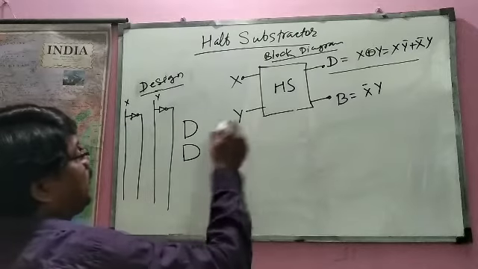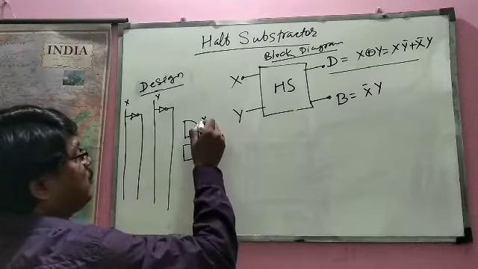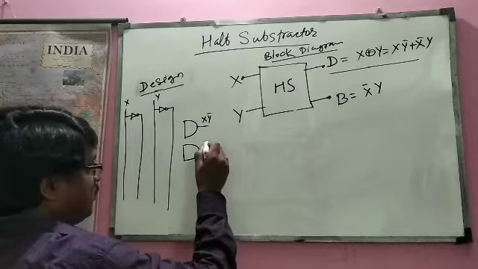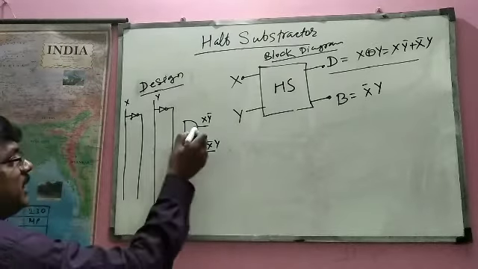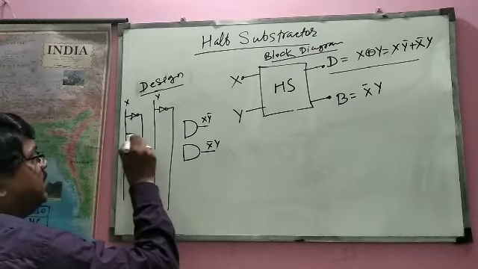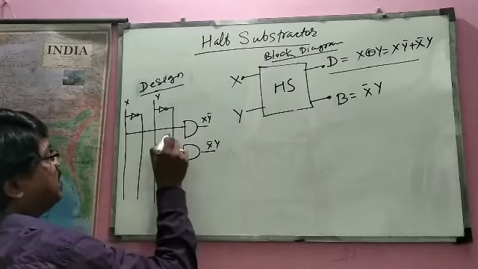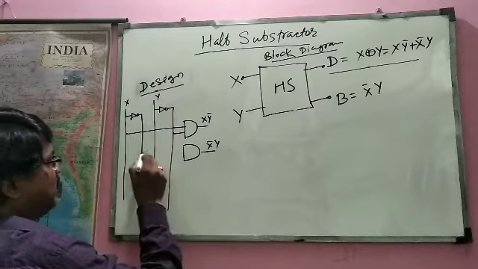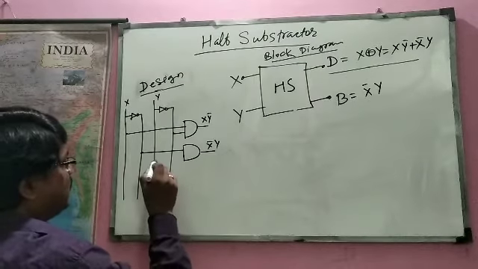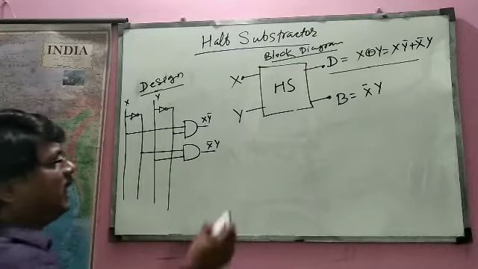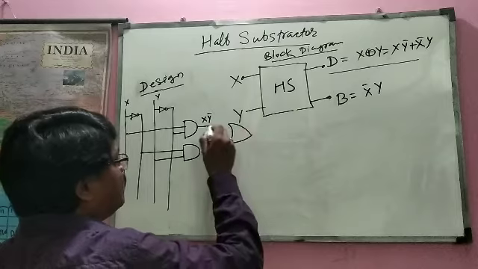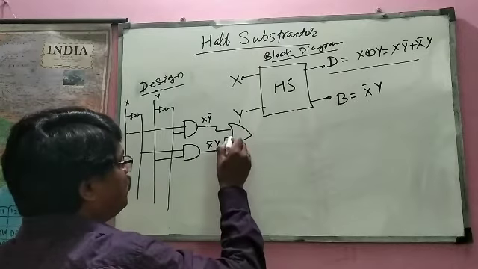Here we need X Y bar and here we need X bar Y. So connect accordingly: connect it with X and with Y bar, and connect it with X bar and with Y. And make an OR gate here and give these two inputs here.